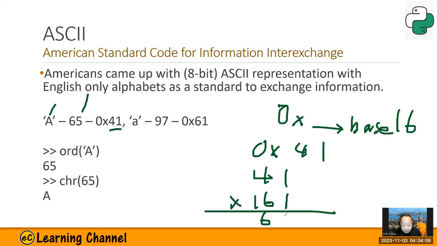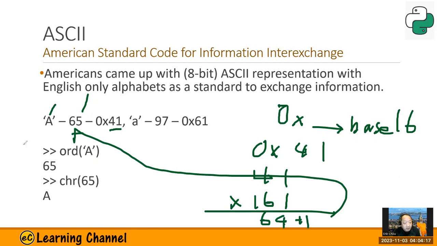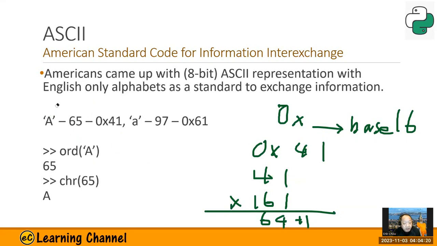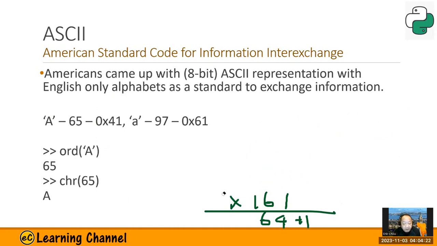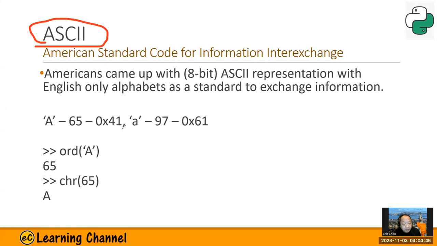So this would be 64 plus 1, so the value is 65, the ASCII code for A. Uppercase A starts from 65 to 90 for Z. And then lowercase a starts from 97, which is hexadecimal 61, to 122 for lowercase z. So these are the ASCII code numbers for the letters.